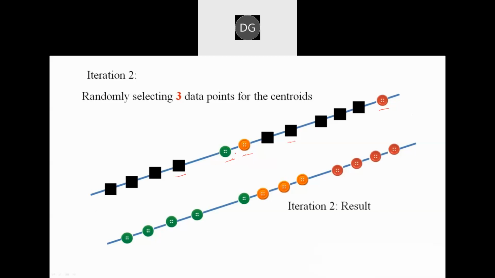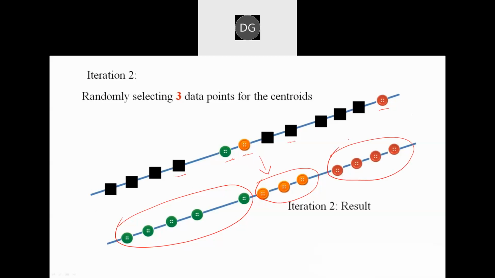So now if I perform the same operation I did in the previous step, this is how I will get the result. Okay, all these 5 points will become one cluster. Now I have three orange points and four red points. So here, which one is completely correct?